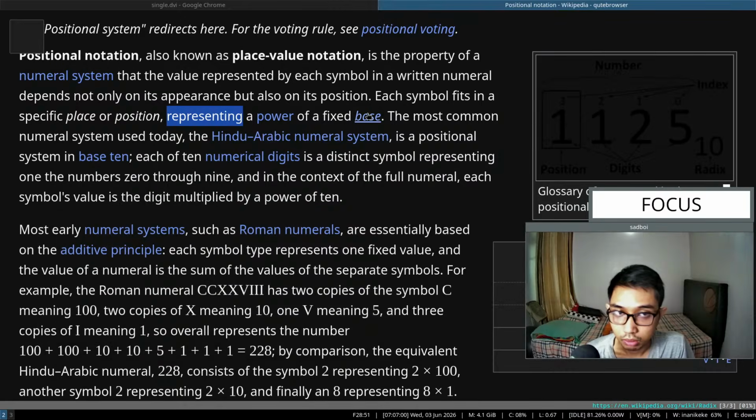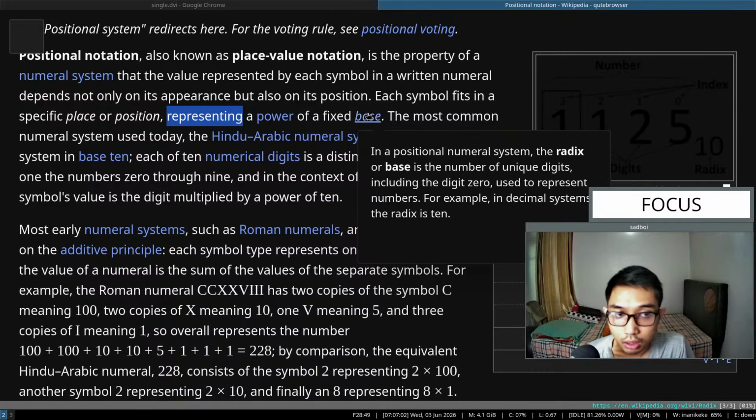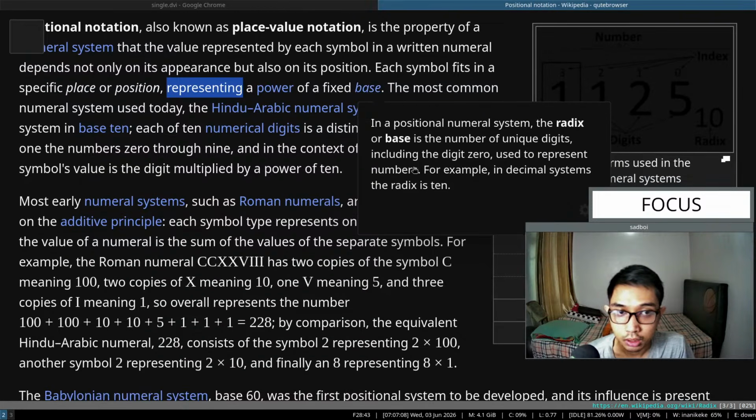The radix is the number of unique digits, including the digit 0, used to represent numbers. For example, in the decimal system, the radix is 10. The radix or base is used to represent numbers.